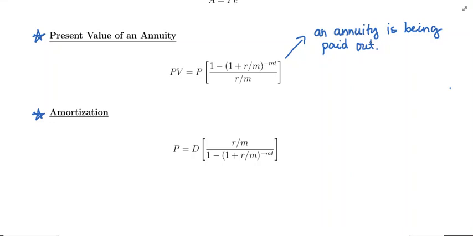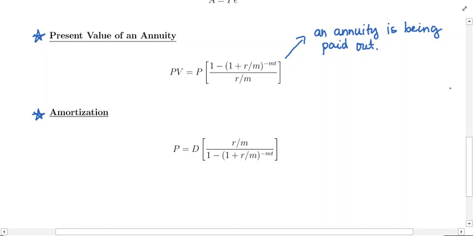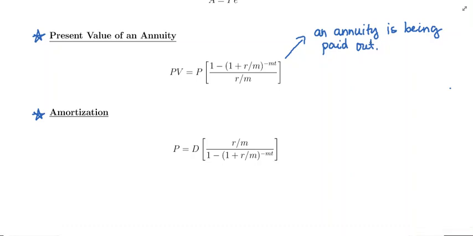The best example of present value of an annuity is retirement. You might set up a savings account during your working years where you're saving for retirement. Once you retire, the money starts coming out of that retirement account. You are being paid money in your retirement years out of that account.